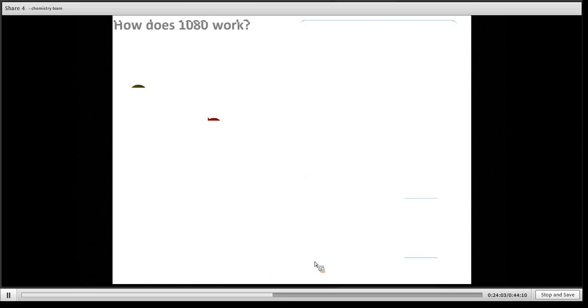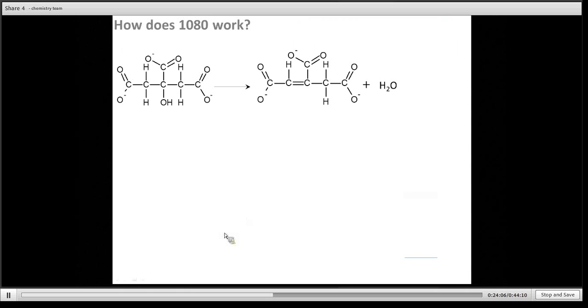Right, so here is what happens with that aconitase. There is my citrate, and what will happen, the enzyme takes off the OH, the hydroxyl group, and a neighboring hydrogen. So you can see the OH is gone and the neighboring hydrogen is gone. Can you recognize this as an elimination reaction?